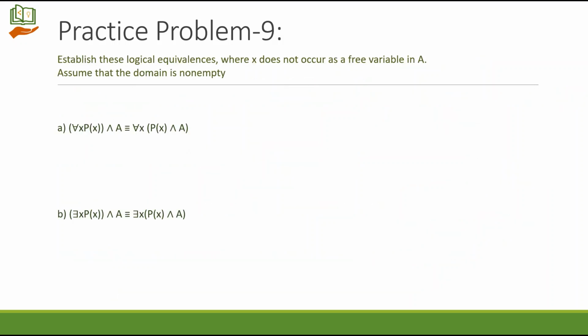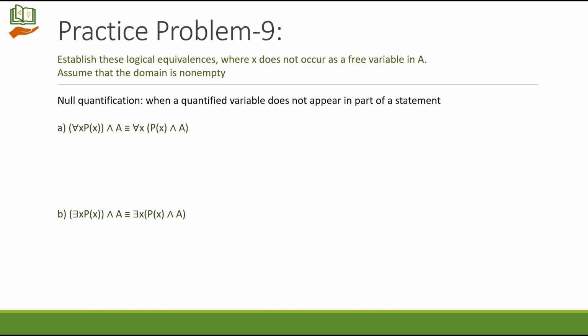Next problem. Establish these logical equivalences where X does not occur as a free variable in A. Assume that the domain is non-empty. There is a term called null quantification: when a quantified variable does not appear in part of a statement. Say, for example, when they are going to quantify X somewhere, but that X will not appear in any of the expression, that is called null quantification.